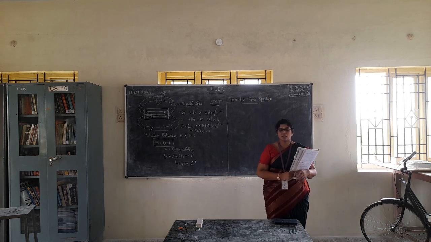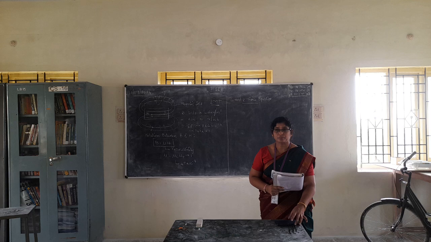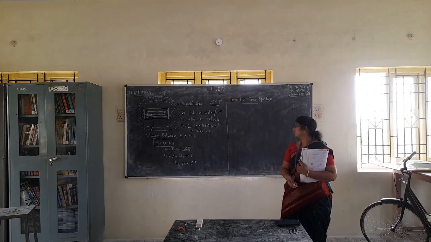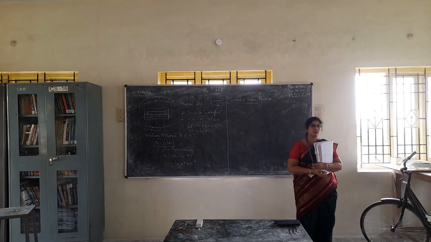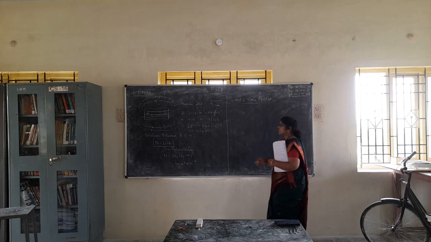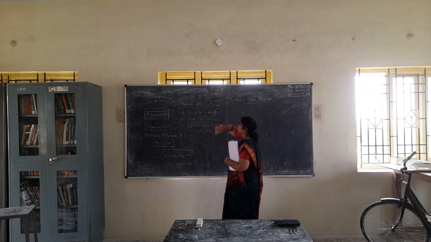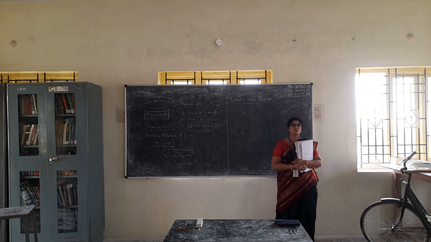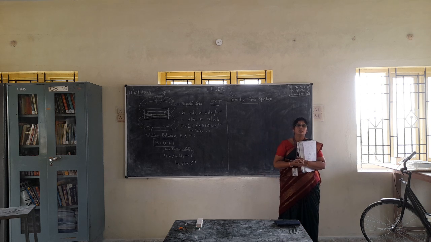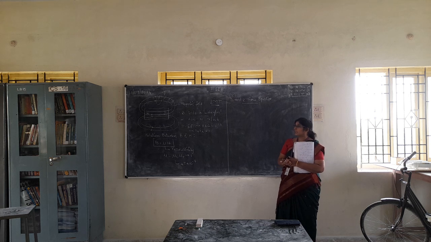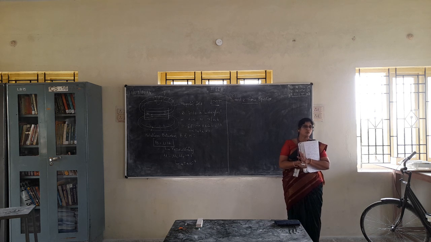Next topic, Lorentz force equation. Important question. Lorentz force equation means it combines the force equation of electric field and magnetic field. So what is the force equation for electric field?